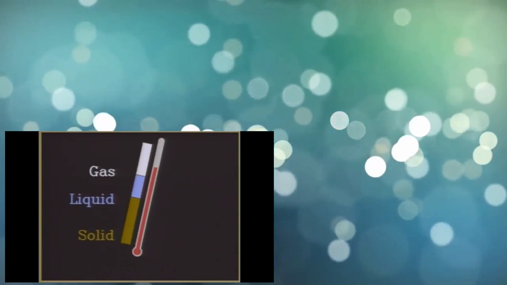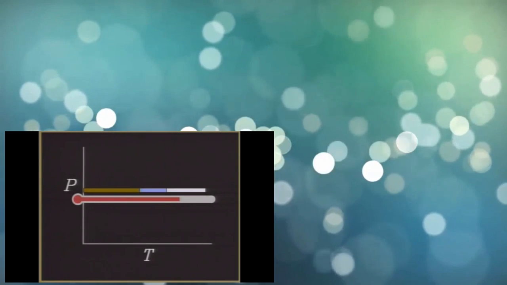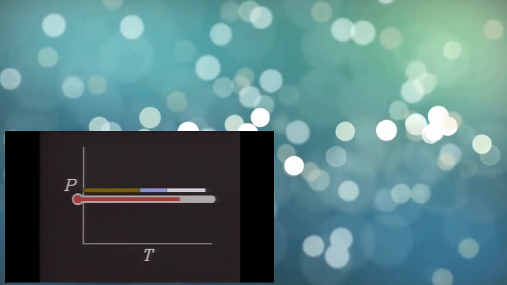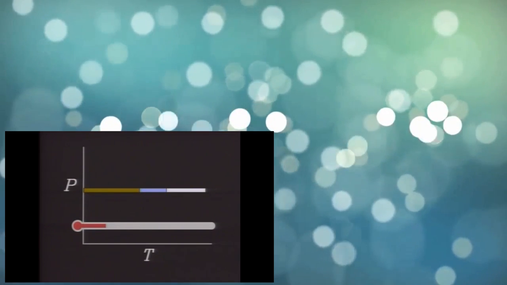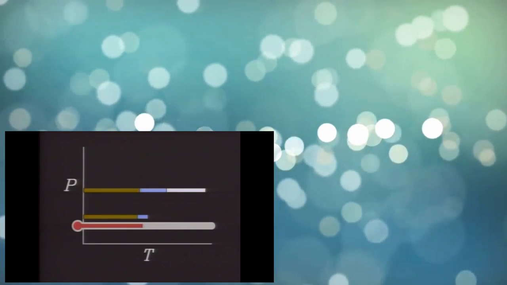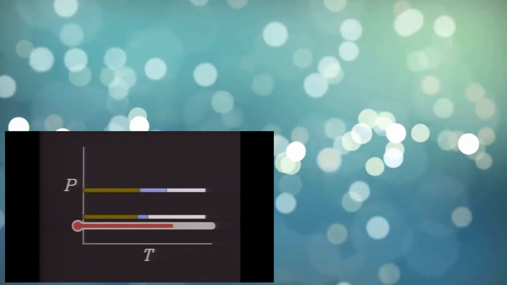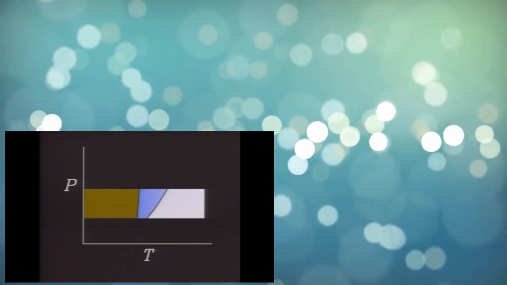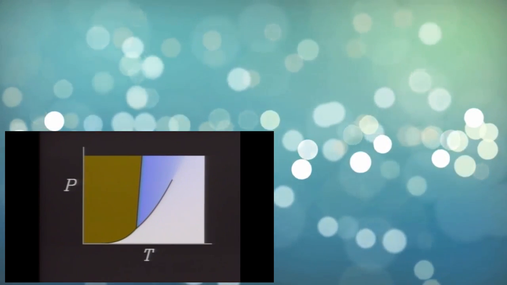The temperature at which these changes of state occur depend on the pressure for each substance. And at lower pressures, these changes can take place at lower temperatures. Depending on the pressure and temperature, each substance is either a solid, a liquid, or a gas.